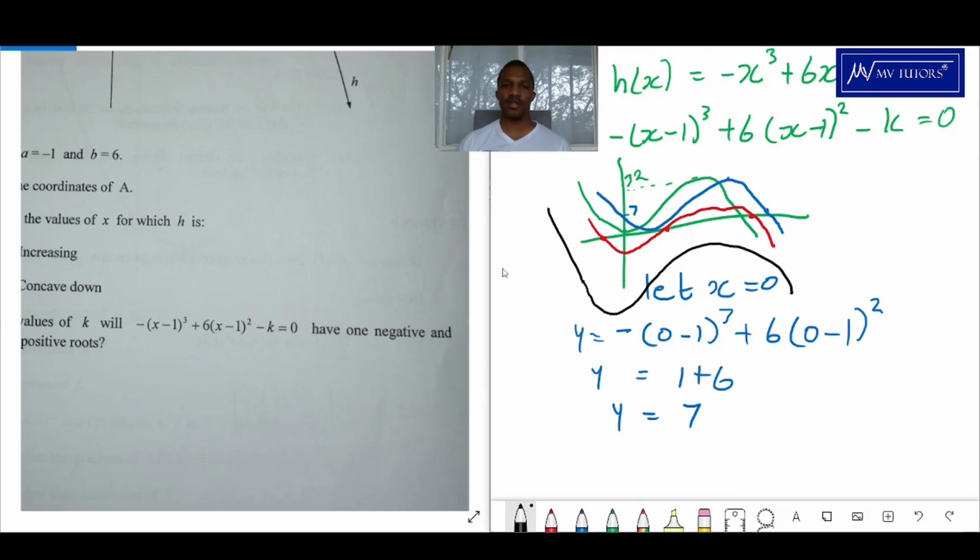Since k is a shift down, it's negative there, so we'll put a positive value. Oh my goodness, I've forgotten to write k. k should be bigger than 7, but must be less than 32. You just have to think of it logically like that.